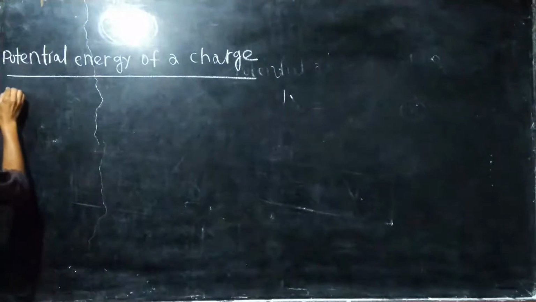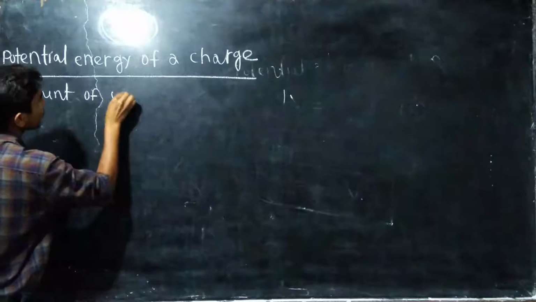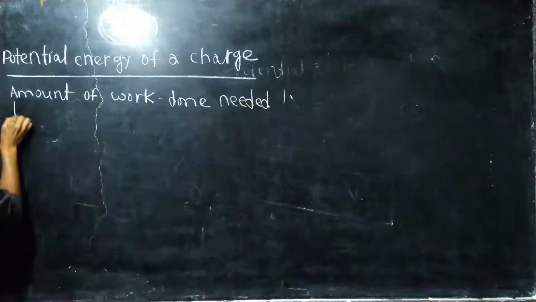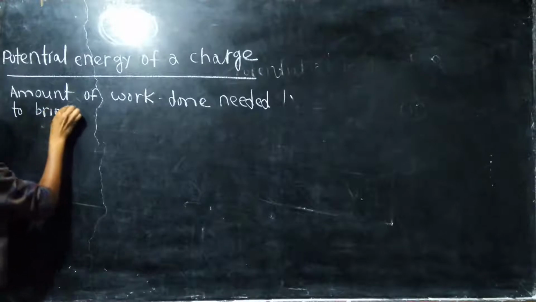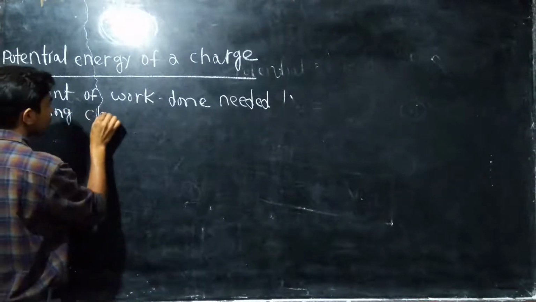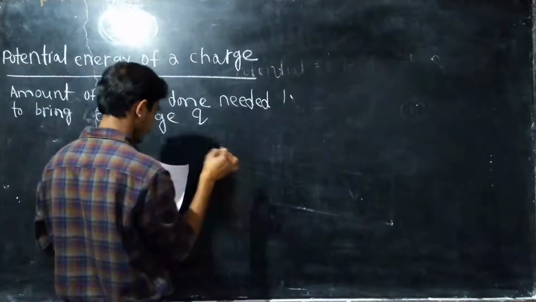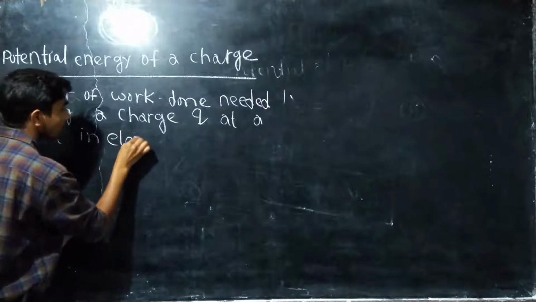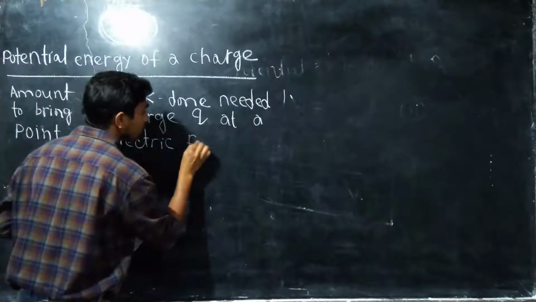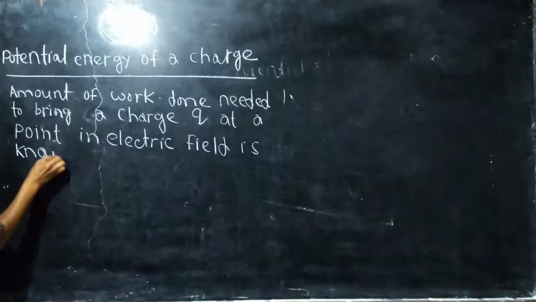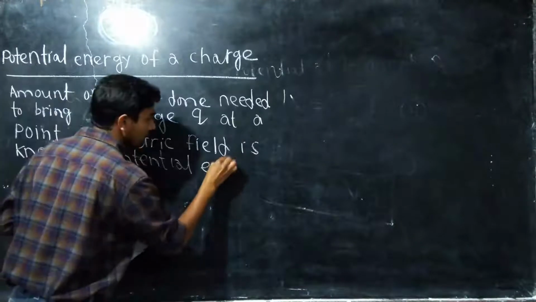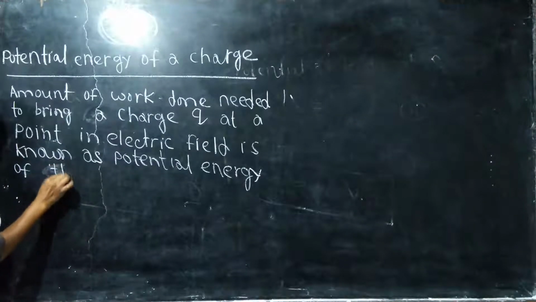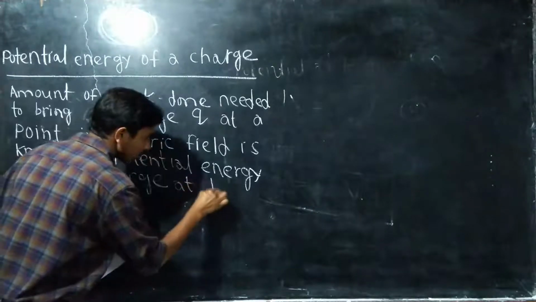The amount of work done needed to bring a charge q at a point in an electric field is known as the potential energy of the charge at that point.